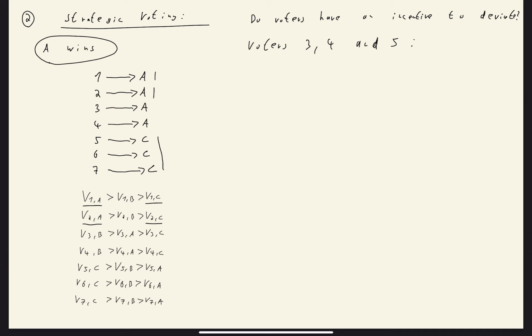Okay, so the procedure here is quite equivalent to... no, sorry, I made a mistake. It's voter 3 and 4. They have the same preferences. And the procedure here is basically equivalent to what I have been doing before. So let's check whether they have an incentive to deviate to B. So deviation to B.